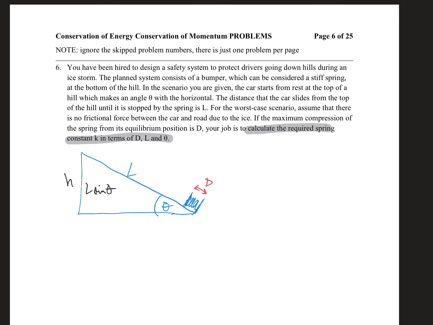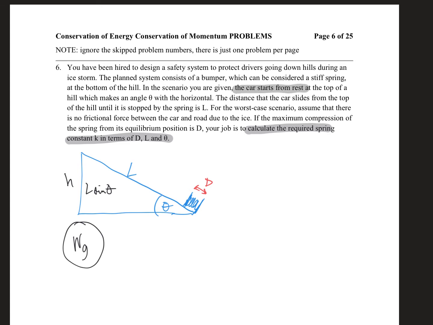So this means that initially, what do we have? Well, it's all gravitational potential, because it tells me that the car starts from rest.